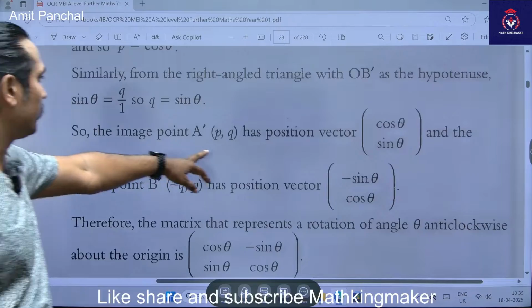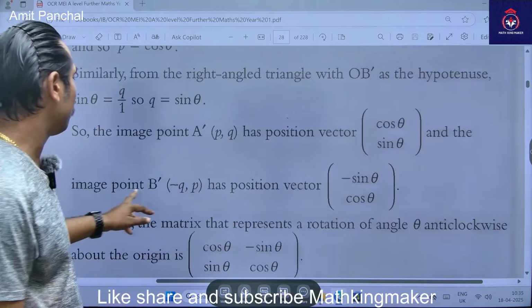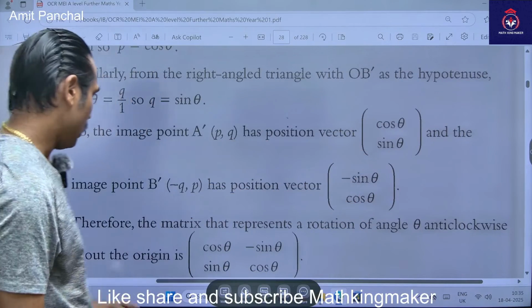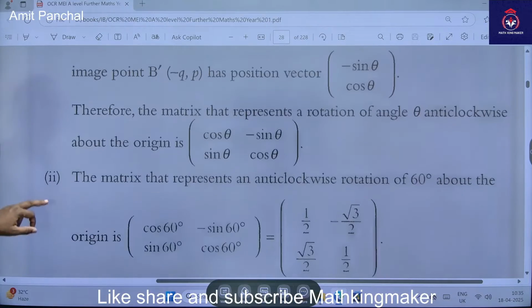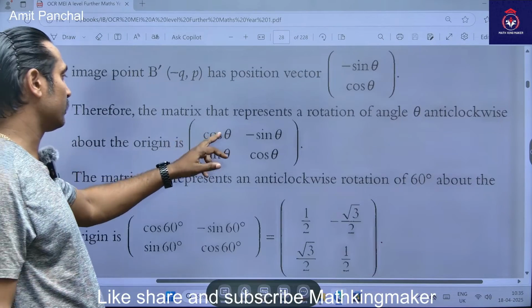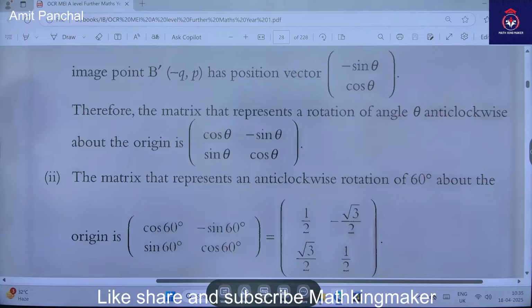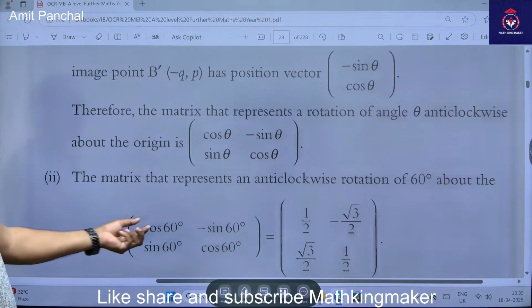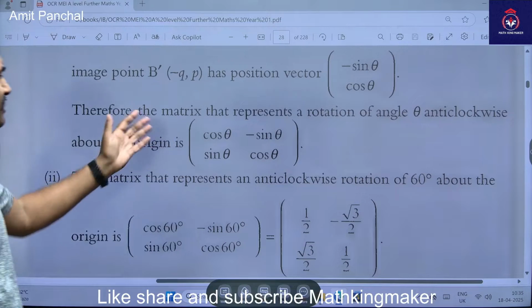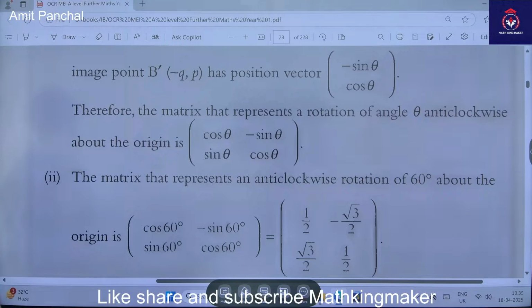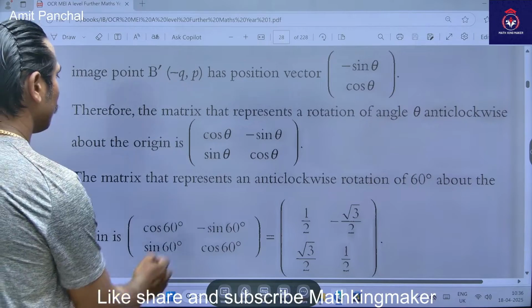So the image of point A is (cos theta, sin theta) and the image of point B is (minus sin theta, cos theta). So your transformation matrix is [cos theta, minus sin theta; sin theta, cos theta]. Now what happens if you are rotating it by 60 degrees? It becomes your formula now.